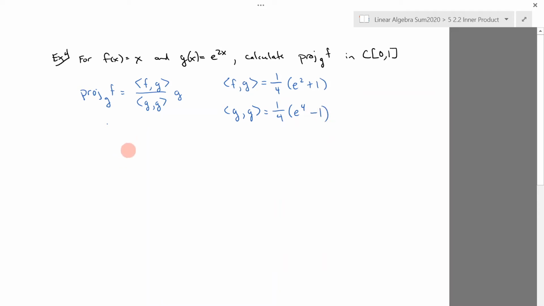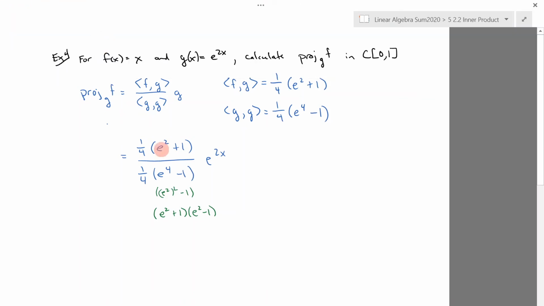Now we can just plug everything in. This is 1/4 times e squared plus 1, over 1/4 times e to the 4th minus 1, and then the function g was e to the 2x. If you notice, e to the 4th minus 1 is a difference of squares, so factoring it you get e squared plus 1 times e squared minus 1.